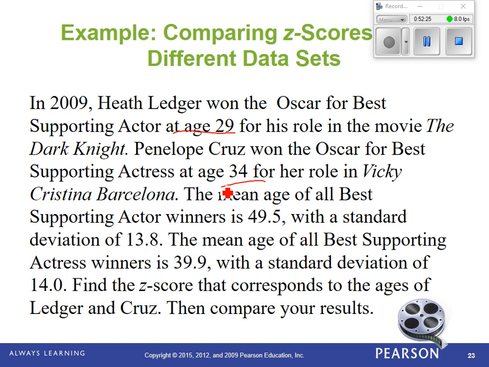Now for Penelope, what was her age? 34 minus 39.9.